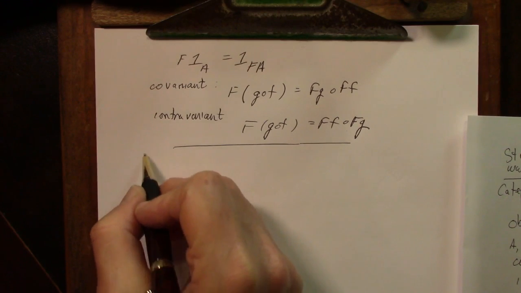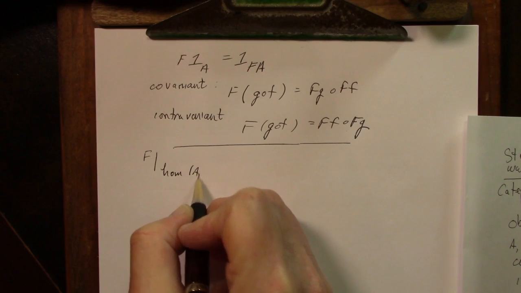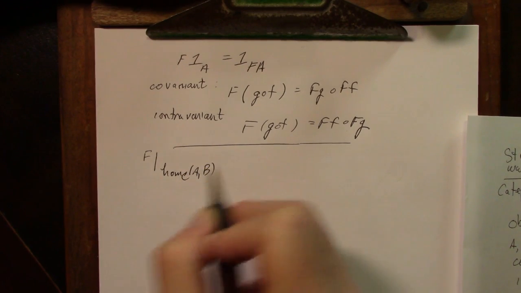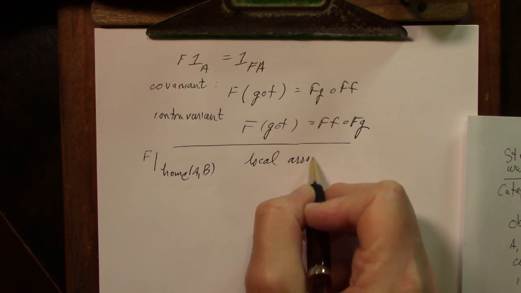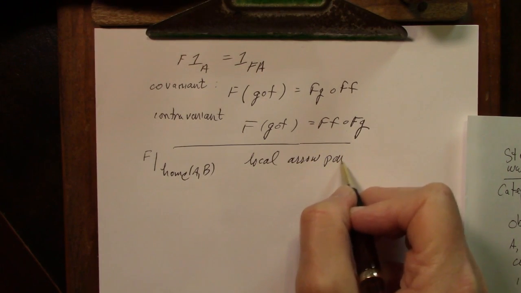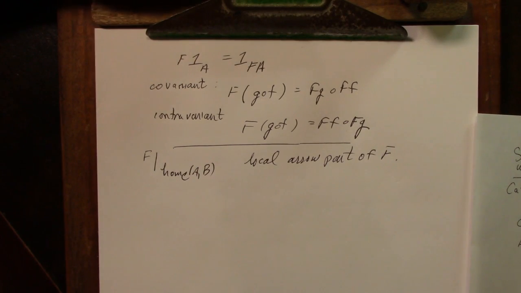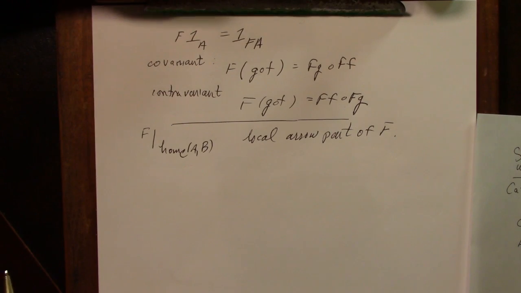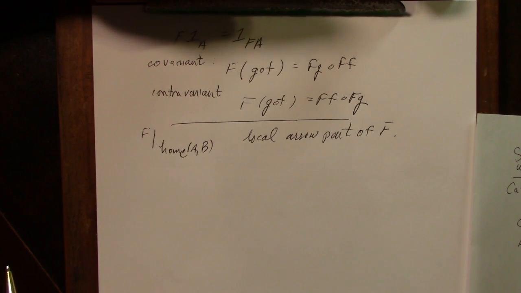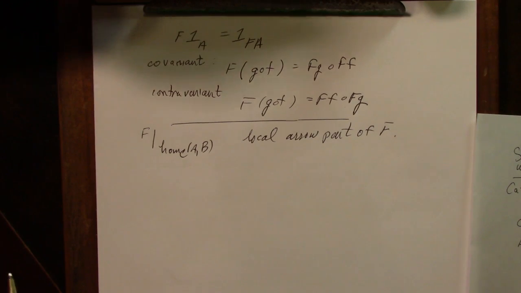And again, F restricted to one of these Hom sets I refer to as the local arrow part of the functor. So you can think of a functor as a map from objects to objects, and then a bunch of maps that take Hom sets to Hom sets.